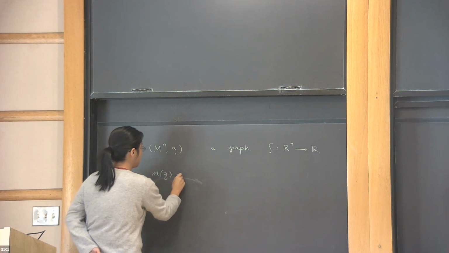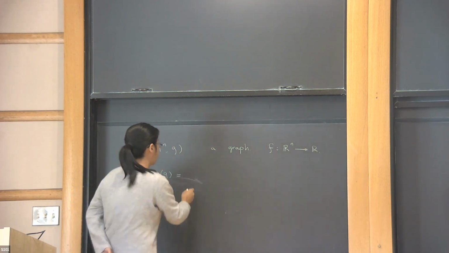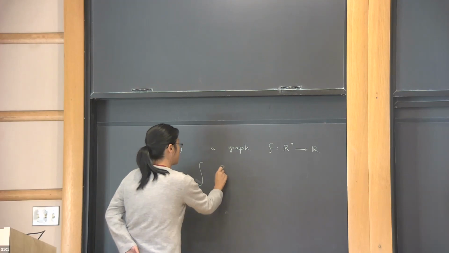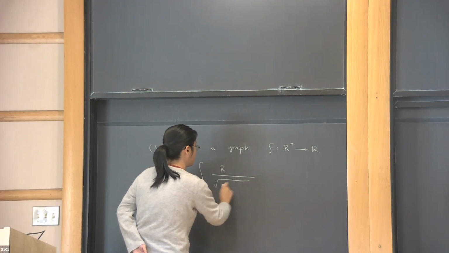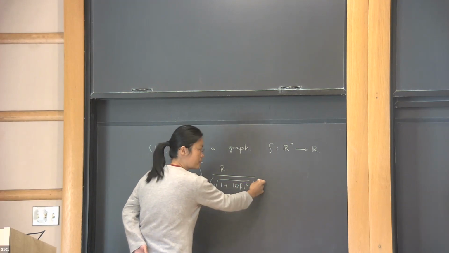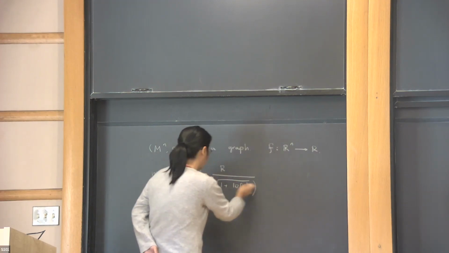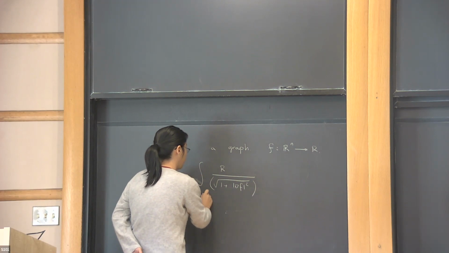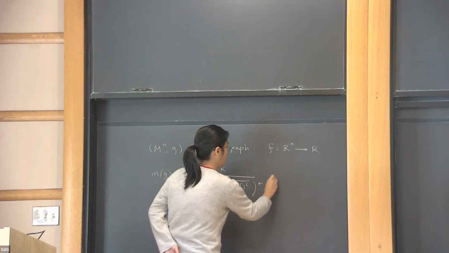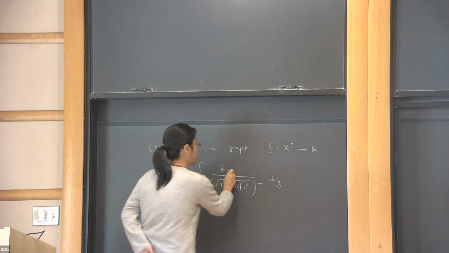This M(g) defined this way can actually be written as the integration of the scalar curvature over certain, I forgot the power here, but it can be written this way.